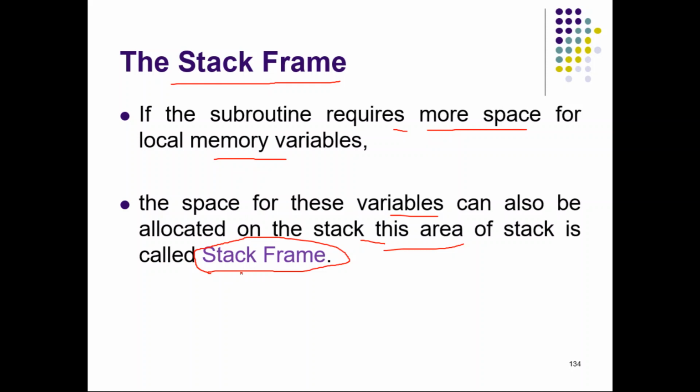The stack frame is used whenever there is a nested subroutine call. If there is a nested subroutine call, then we need more space, because you have to push more parameters and more local variables into the stack. In that case, we can use some additional area of the stack which is called the stack frame.